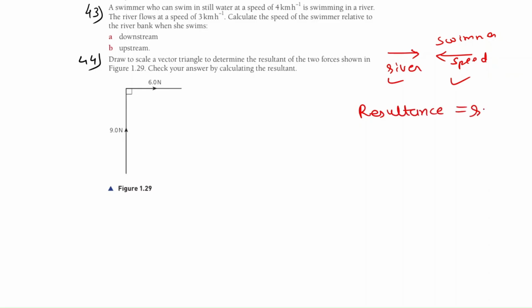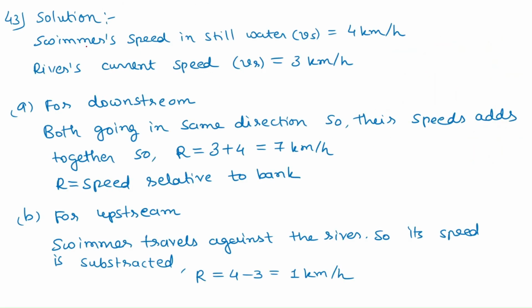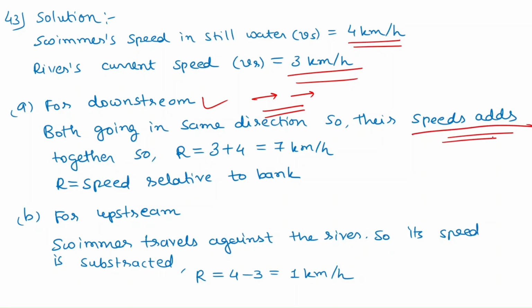it will be river minus the speed of the swimmer. Let's see, swimmer speed in still water is 4 km per hour. River current speed is 3 km per hour. For the downstream, both are in the same direction. Okay, in the same direction, speeds must be added together. So R is equal to 3 plus 4, means 7 kilometer per hour relative to the bank.